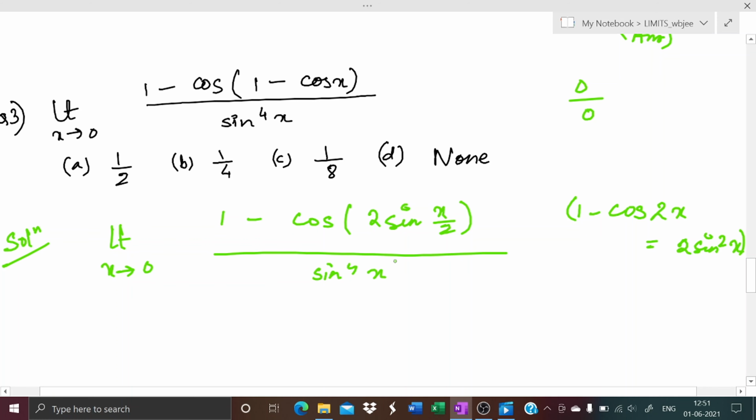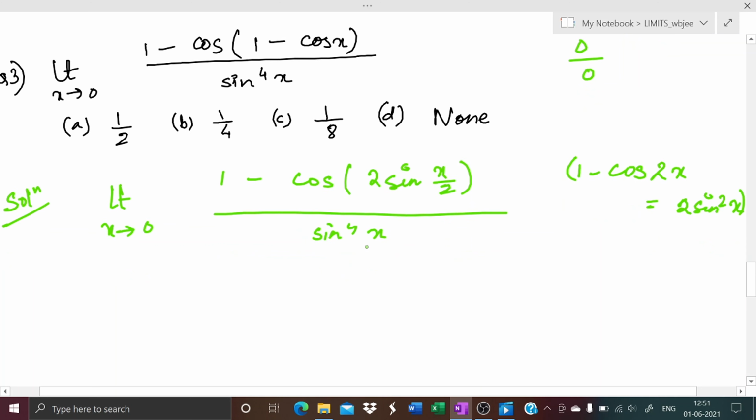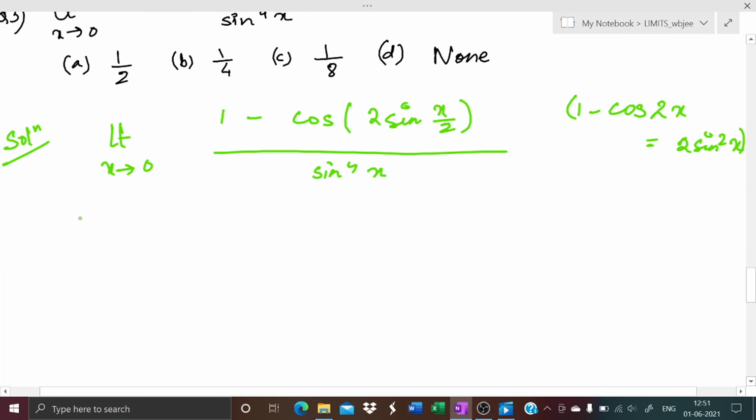Fine. Now again, for this entire thing 1 minus cos of this, if I take this to be theta, then again 1 minus cos theta can be written as 2 sine square theta by 2.